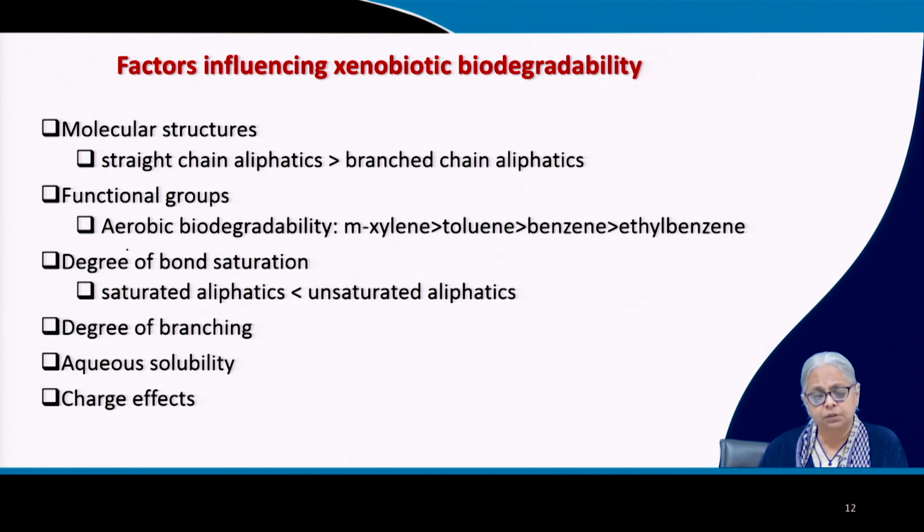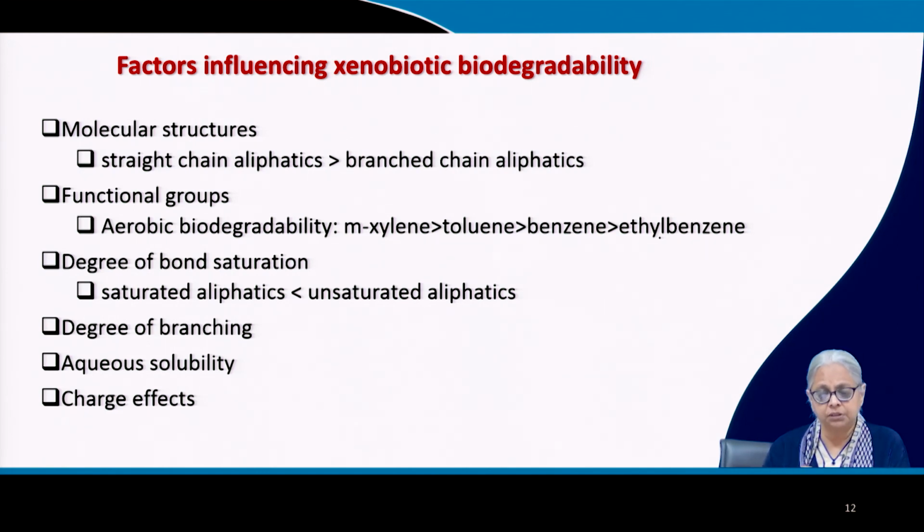Functional groups: under aerobic conditions, you have these ring structures. So you have benzene, you have toluene, xylene, ethylbenzene. So it's been known that metaxylene is more degradable compared to toluene, more degradable compared to benzene, and ethylbenzene is the least degradable. So it all depends on the nature of the functional group that is attached to the aromatic ring.